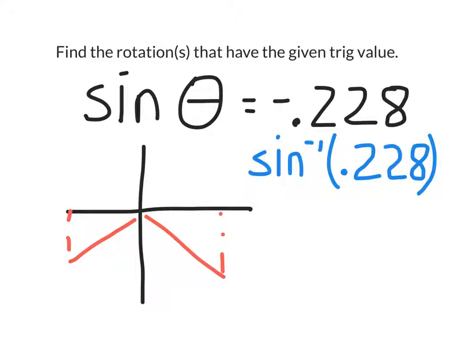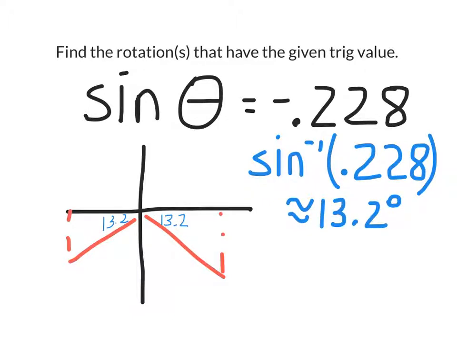For sine of theta equals negative 0.228, I know that since the sine value is negative, my angles are going to be in the third and the fourth quadrant, or pointed down. Using my calculator, I find that the inverse sine of 0.228 is approximately 13.2 degrees.